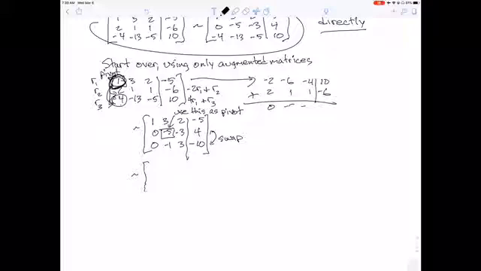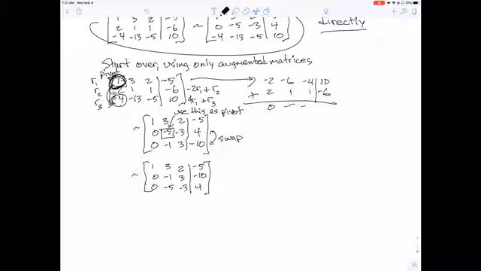And so that's what I'm doing right here. The first row will stay exactly the same, 1, 3, 2, negative 5. And the new second row will be 0, negative 1, 3, negative 10. That was the third row. And my new third row, 0, negative 5, negative 3, and 4.